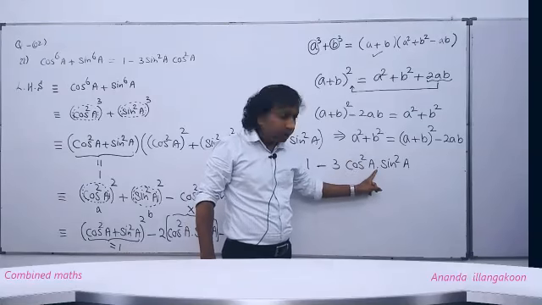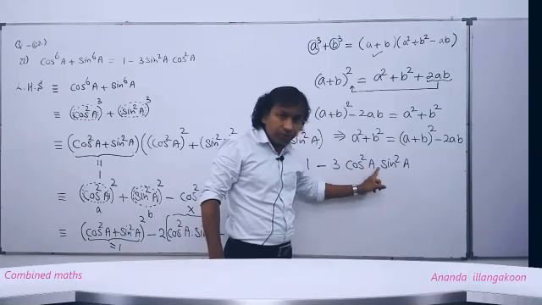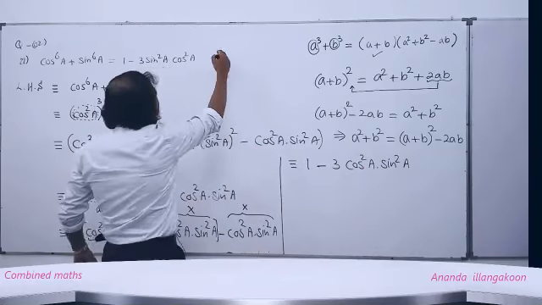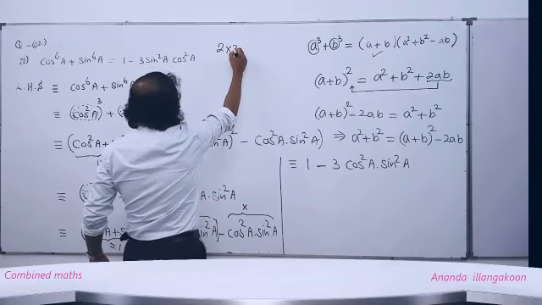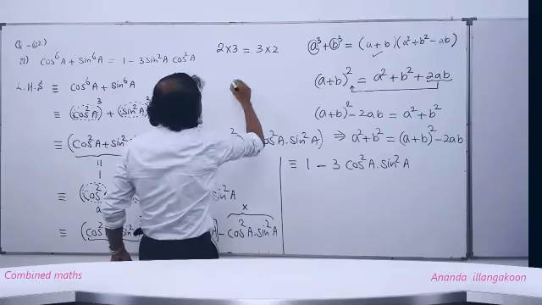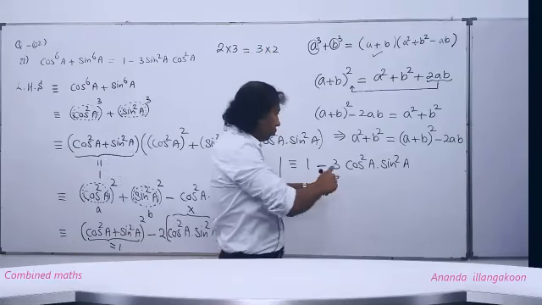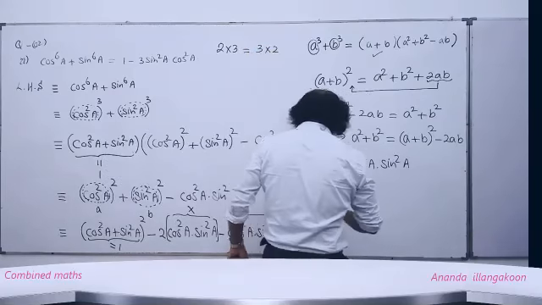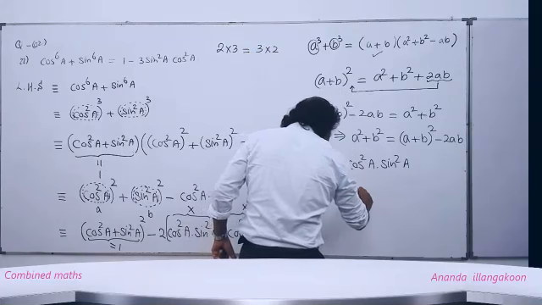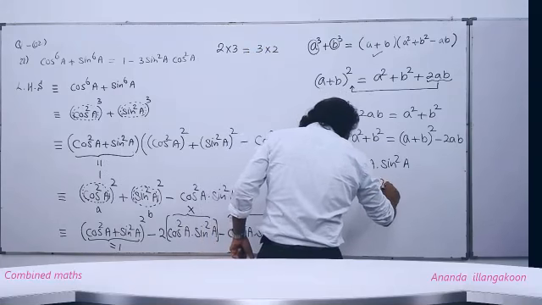Then in the product, you can interchange these two terms. Why? The reason is, when we multiply 2 and 3 and reverse the order, 3 into 2 is equal, no? Like that, these two we can interchange the places. So therefore, this is nothing but 1 minus 3 sin square d into cos square d.